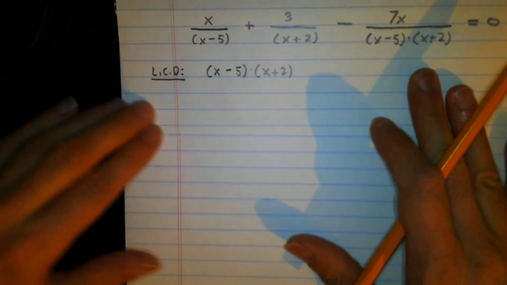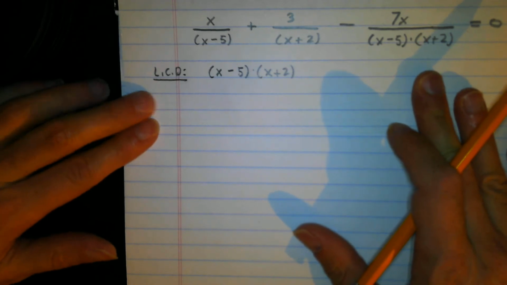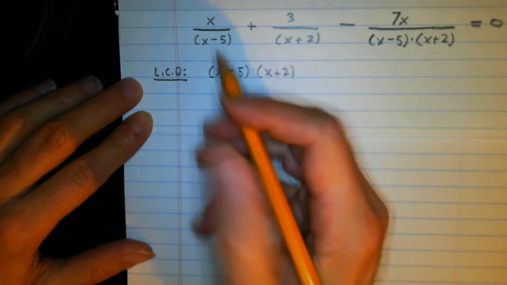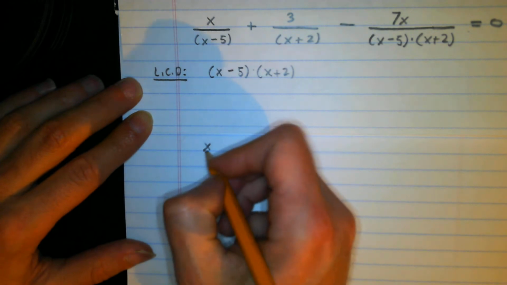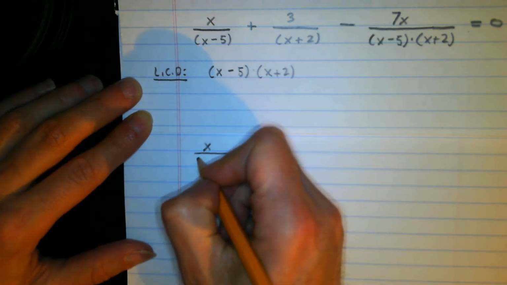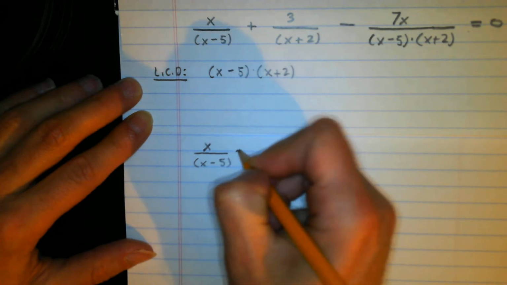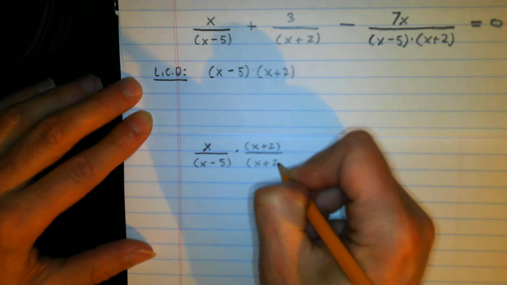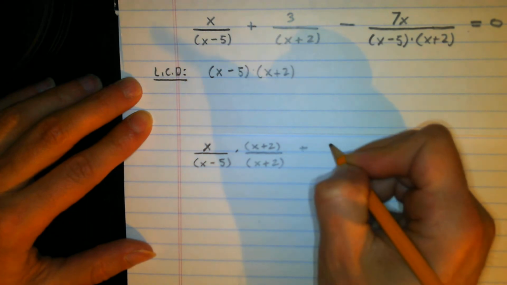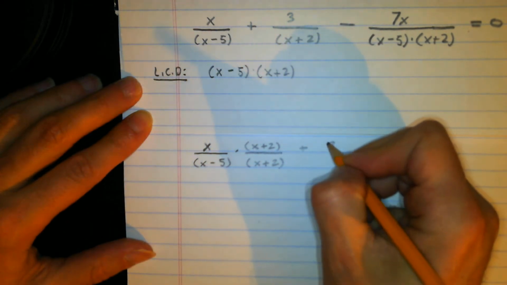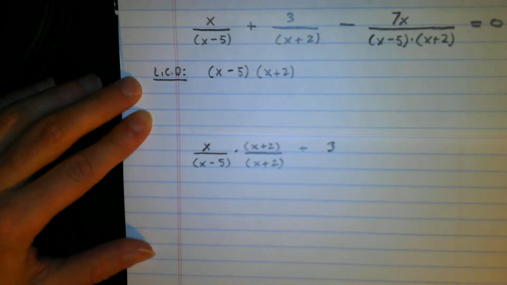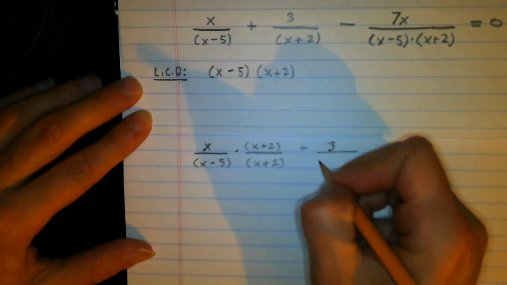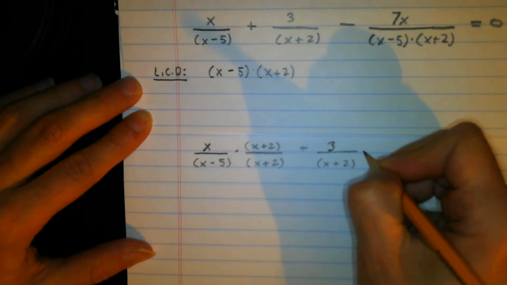So let's start building up the fractions. Okay, so again, I need to multiply that first fraction by x plus 2 over x plus 2. And this fraction I need to multiply by x minus 5 over x minus 5.